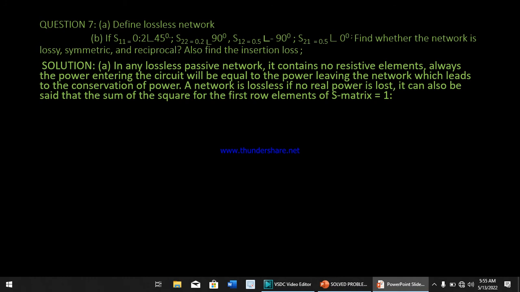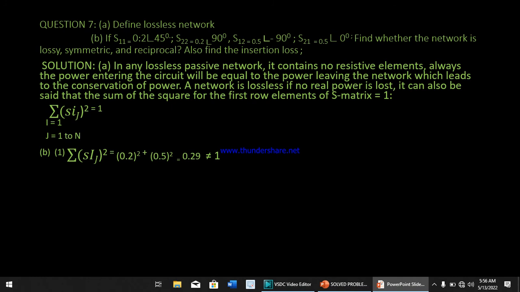Now, a network is lossless if no real power is lost. It can also be said that the sum of the square for the first row element of S matrix is equal to 1. That means the sum of Sij square is equal to 1, where i equals 1 and j equals 1 to n.